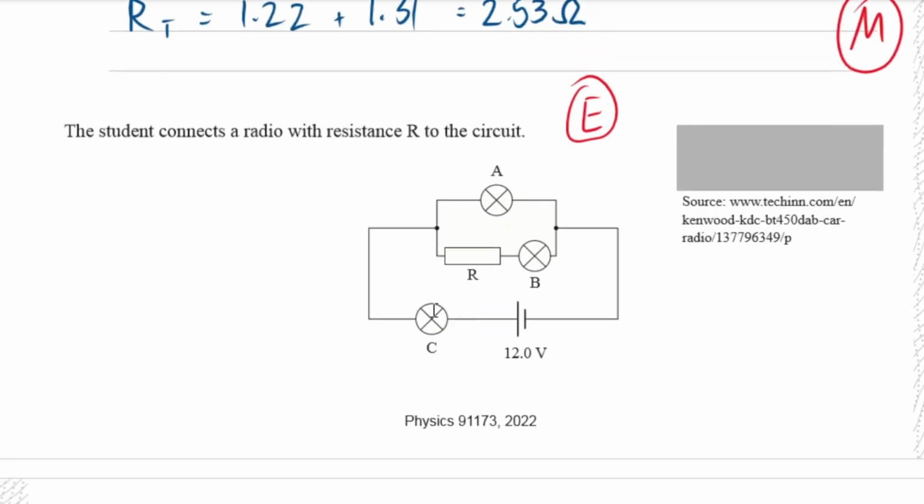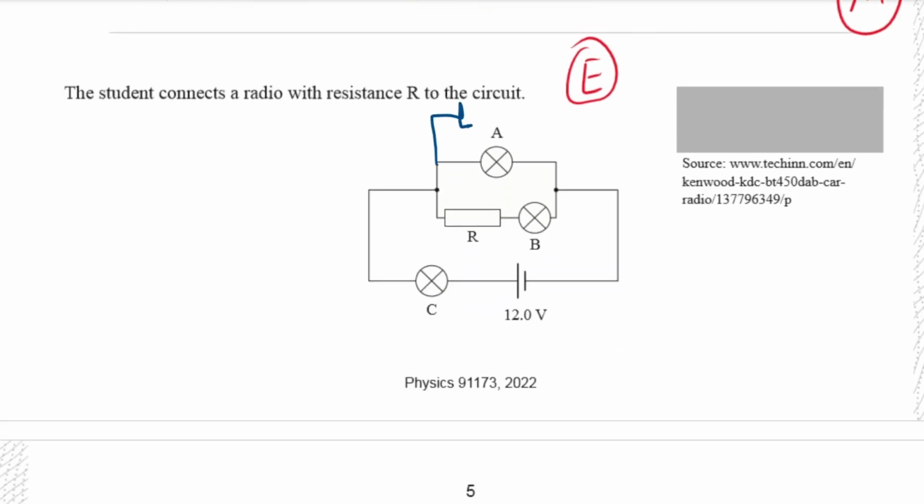Just a note here, if instead the radio was placed in parallel, it would actually reduce the overall circuit resistance because it's allowing for more pathways for current to flow. Hence, the parallel branch would have a lower resistance, so the overall circuit would also have a lower resistance. But in this case, it's placed in series in one of the branches, so the total circuit resistance increases.